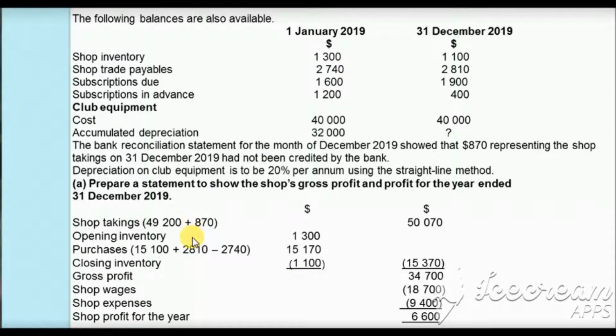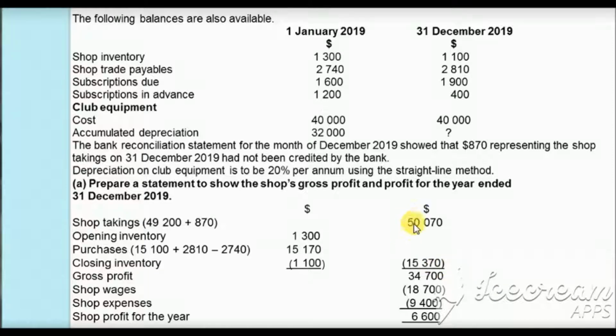So we get 70. When we take $15,100 plus $70, we get total purchases of $15,170. Then we subtract the closing inventory of $1,100. So our cost of sales will be $1,300 plus $15,170 minus $1,100, which is $15,370.